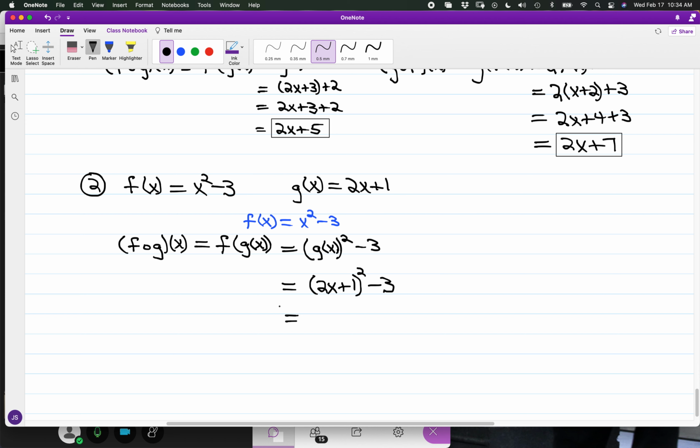If you think of the FOIL method, the first product is going to be 4x squared. The outside and inside products are each 2x, and combining, we have 4x. And we have 1 times itself is 1. And then we take away 3. The result for f composed with g of x will be 4x squared plus 4x minus 2.